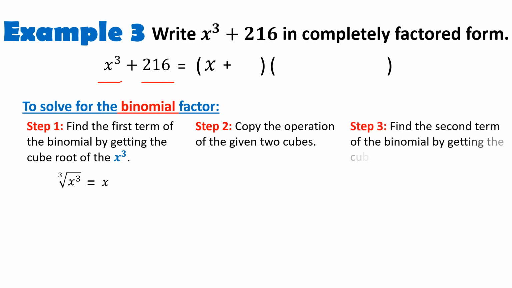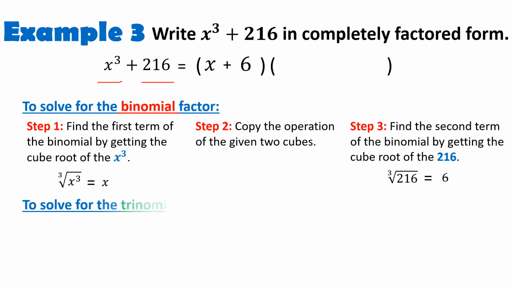Step 3, find the second term of the binomial by getting the cube root of 216. So the cube root of 216 is equal to 6. Correct. We already have the binomial factor, which is x plus 6. So we can get the trinomial factor.